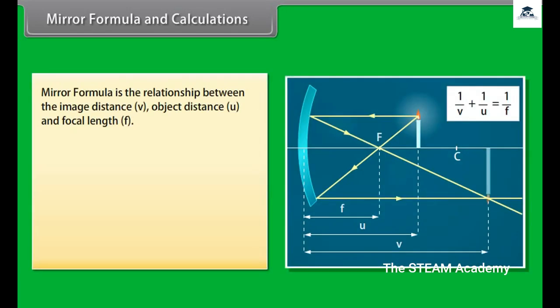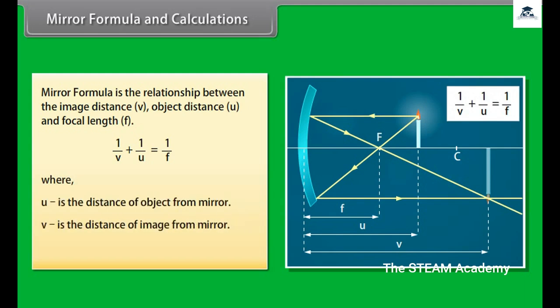The mirror formula is the relationship between the image distance v, object distance u, and focal length f: 1/v + 1/u = 1/f, where u is the distance of the object from the mirror, v is the distance of the image from the mirror, and f is the focal length of the mirror.